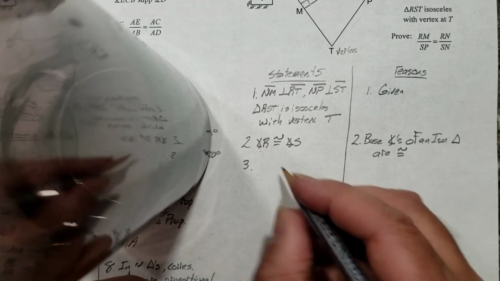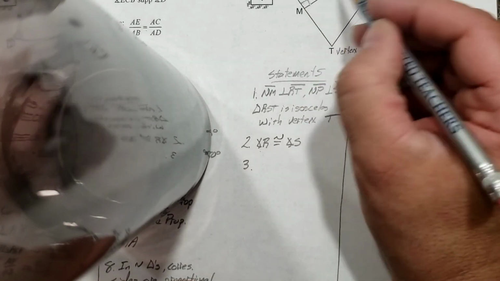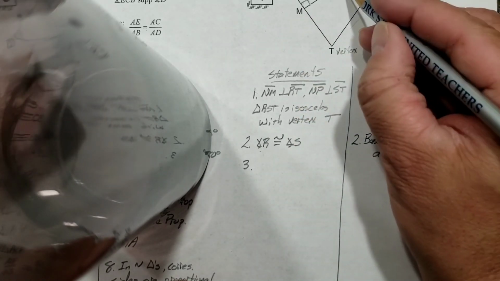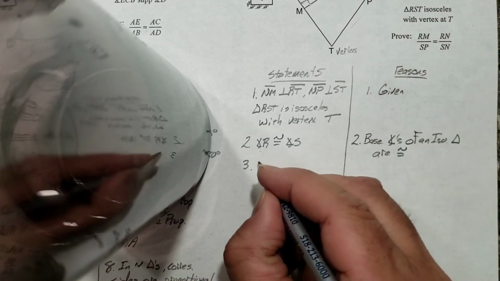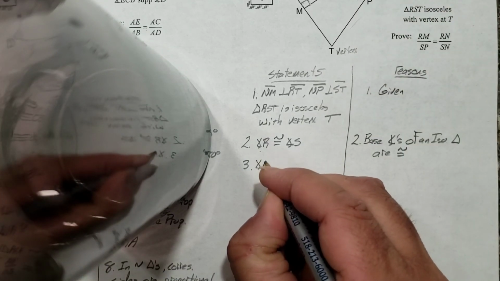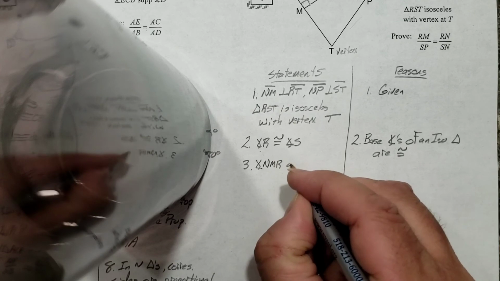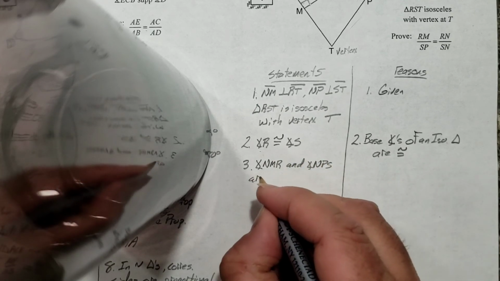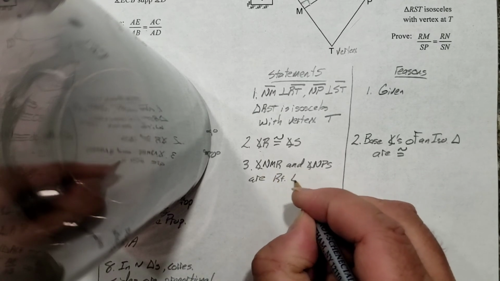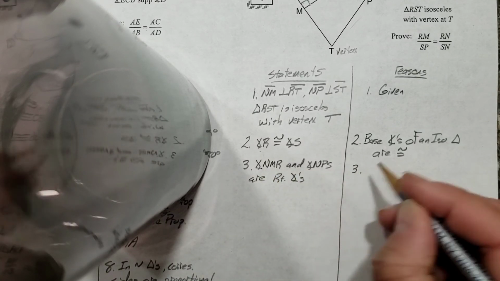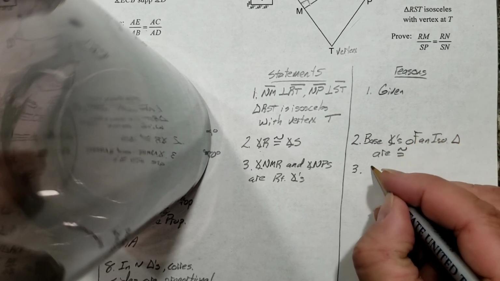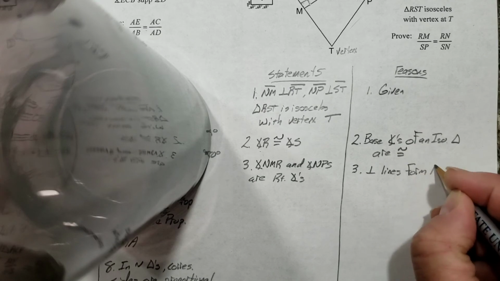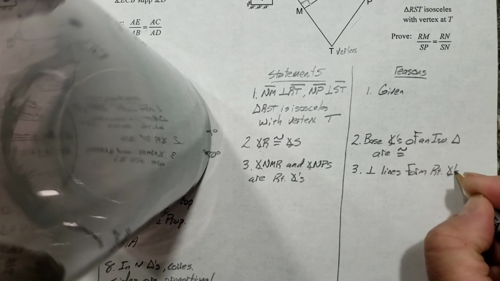And now we're going to say angle NMR and angle NPS are right angles, and that's because perpendicular lines form right angles.